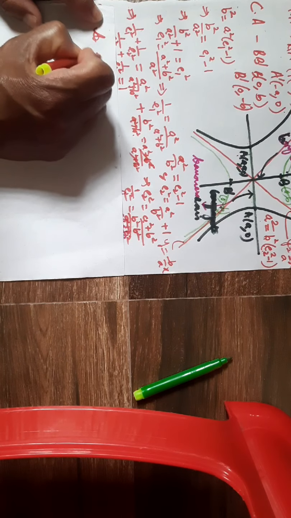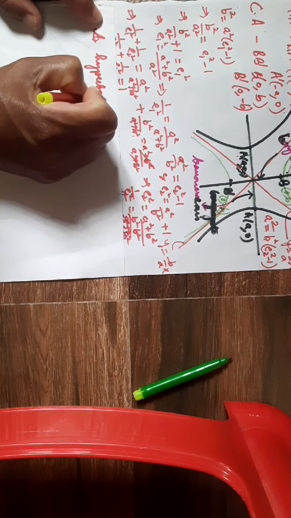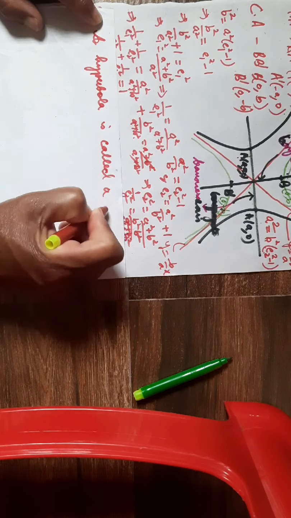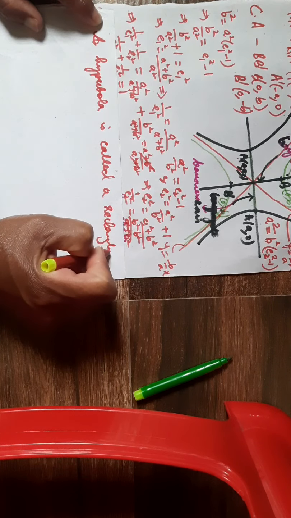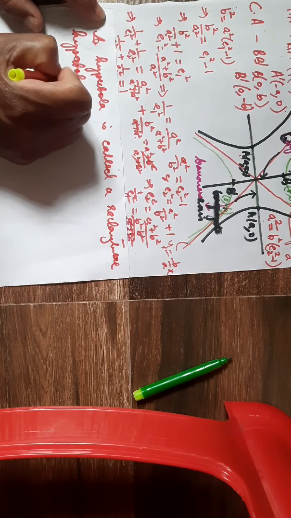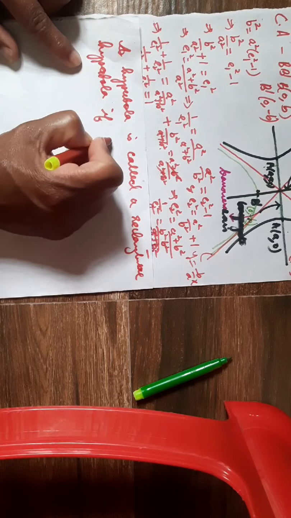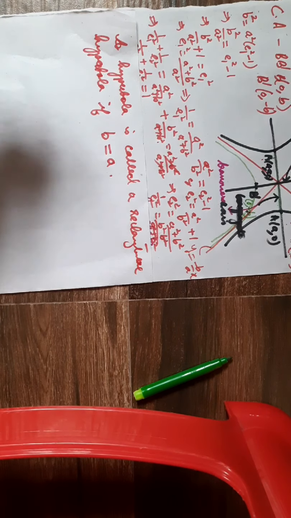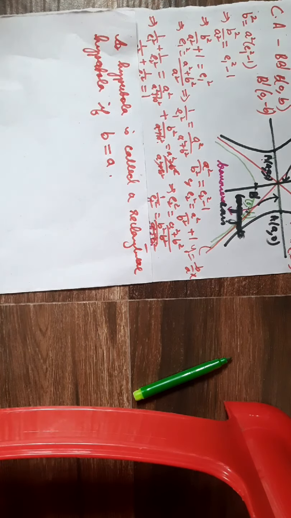Now a hyperbola is called a rectangular hyperbola if the value of b is equal to a. So if b is equal to a, then we get a rectangular hyperbola.